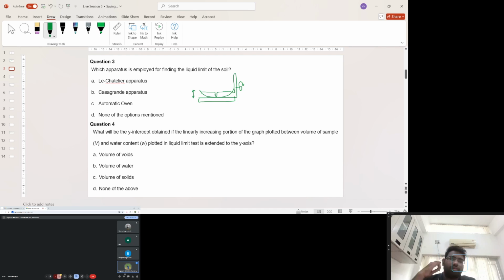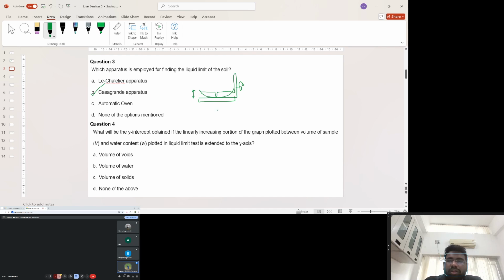At different moisture contents the samples are prepared and a groove is made, and the system is tapped repeatedly, and the number of blows for the groove to get closed is counted. So this is Casagrande's apparatus, as some of you rightly mentioned in the chat box.